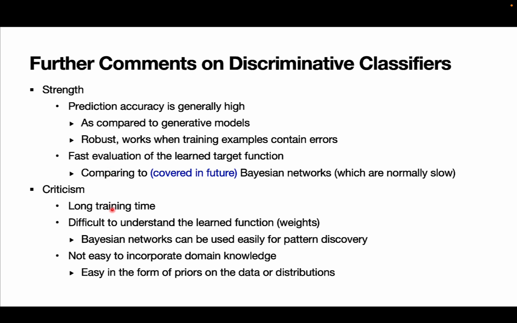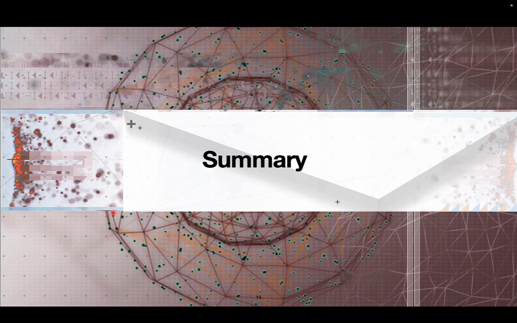However, these models take a long time to train, are often hard to interpret, and it's difficult to incorporate domain knowledge, unlike generative models where we can integrate priors on data or distributions.